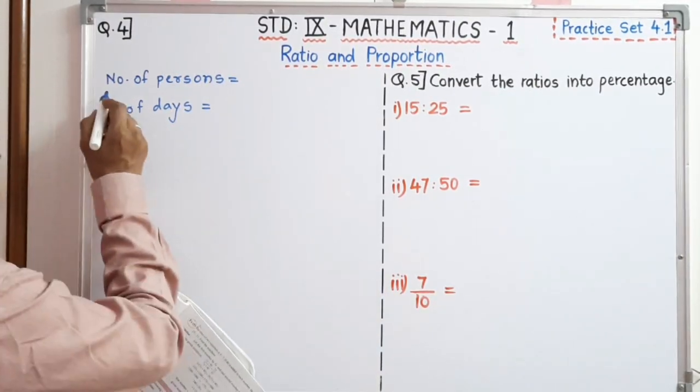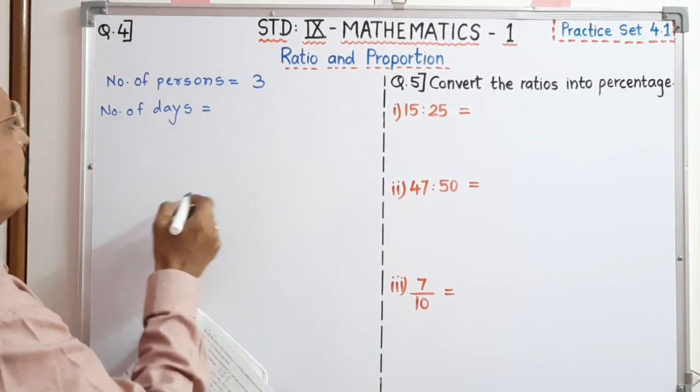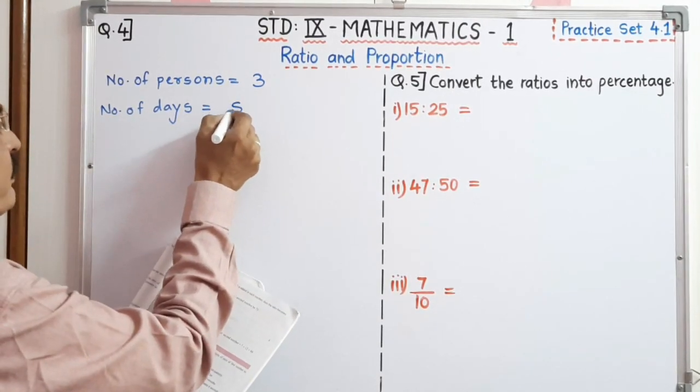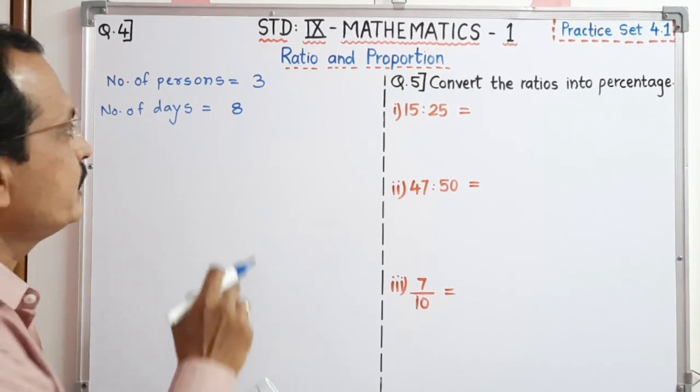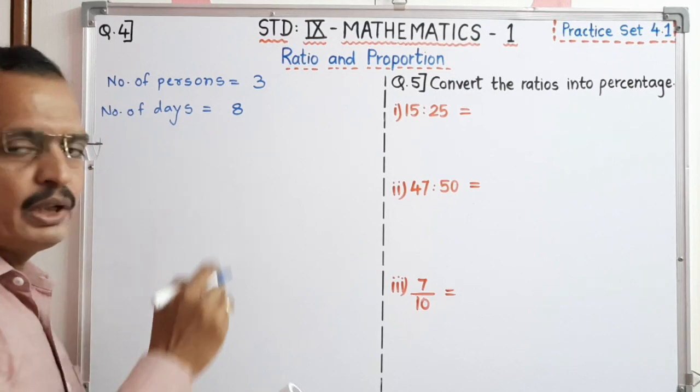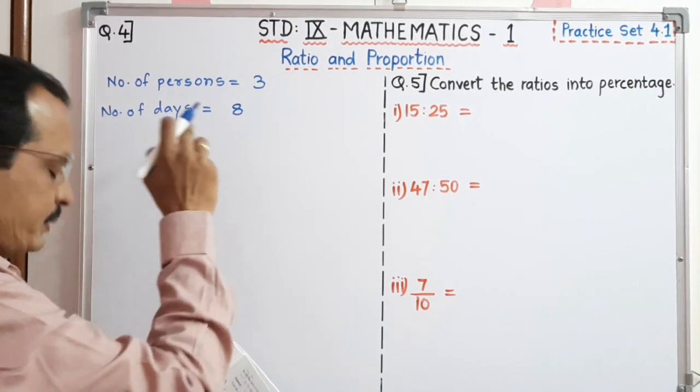Therefore, the number of persons is 3, and the number of days required is 8. Got it? The number of days to complete that house will be 8.